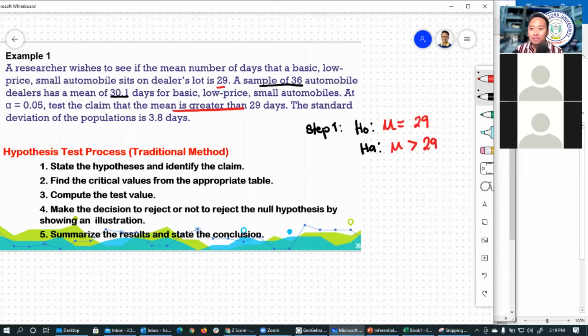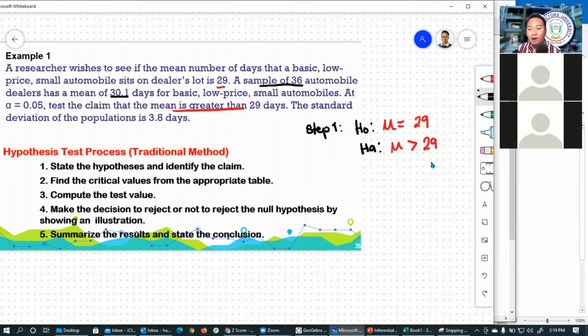Okay? Good job. So I'm gonna ask Alyssa, can you tell me which one is the claim? Is it the null hypothesis or the alternative hypothesis? We are discussing stats, guys. Wordy. So which one is the claim?